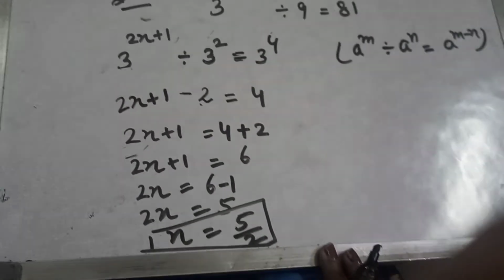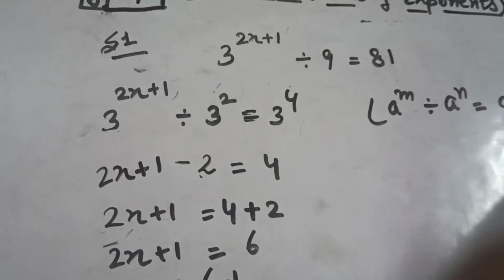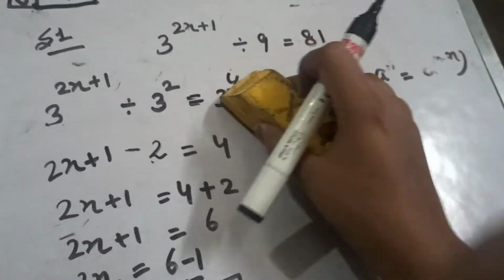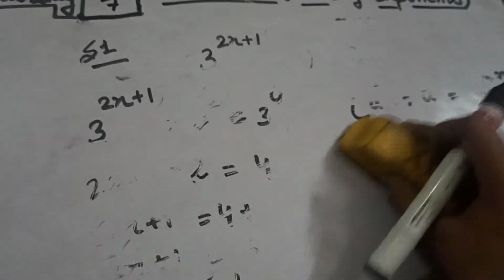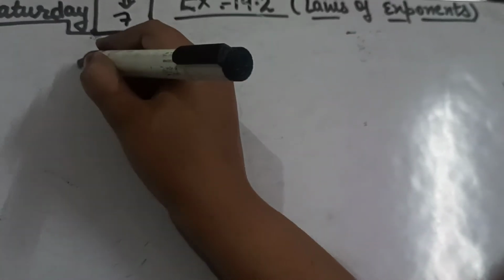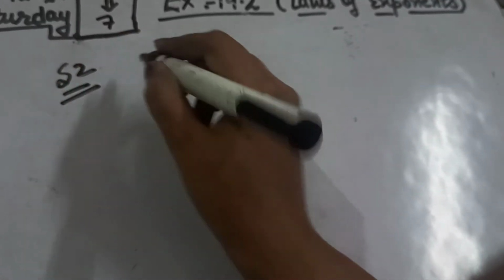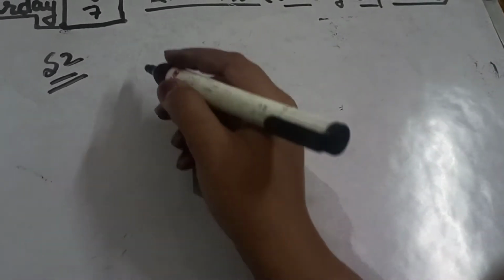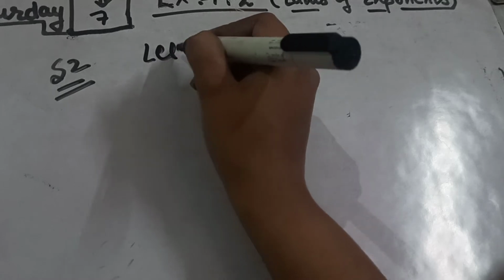So clear, students? Now come to the second question, S2, that is, by what number should 11 to the power 4 be multiplied to get the result of 11 to the power 8. Right? So what we do, we have to find that number. So firstly we will take that number equals to x.